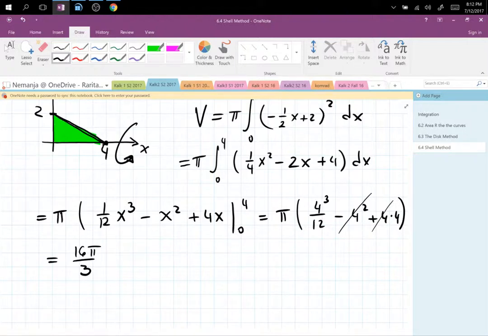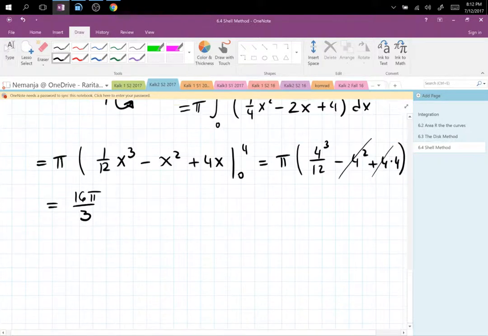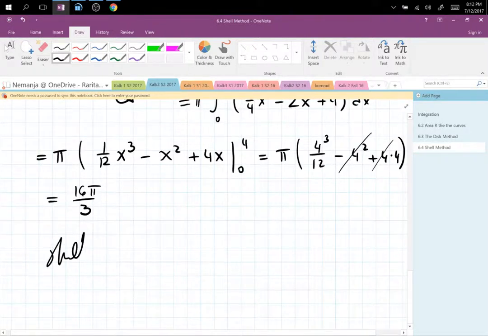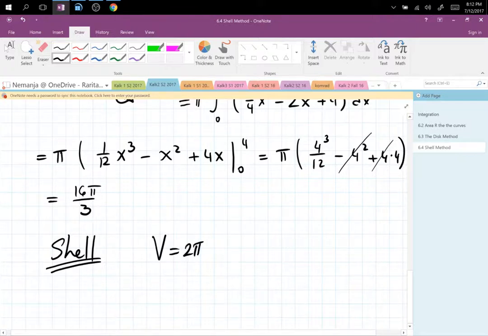What happened? Good. So now we're going to do the same problem using the new method called the shell method. So the shell method says 2 pi, but then hold on.